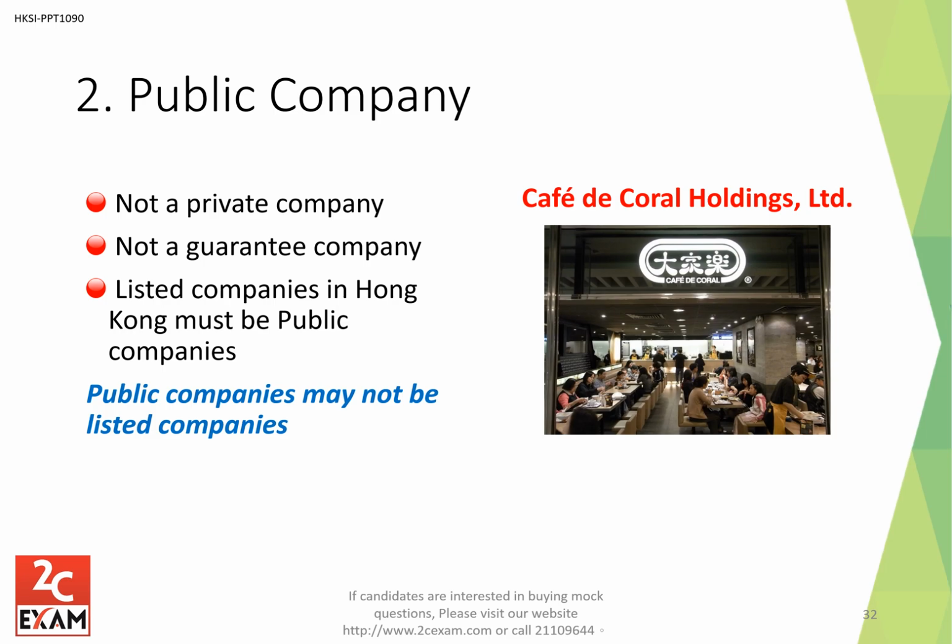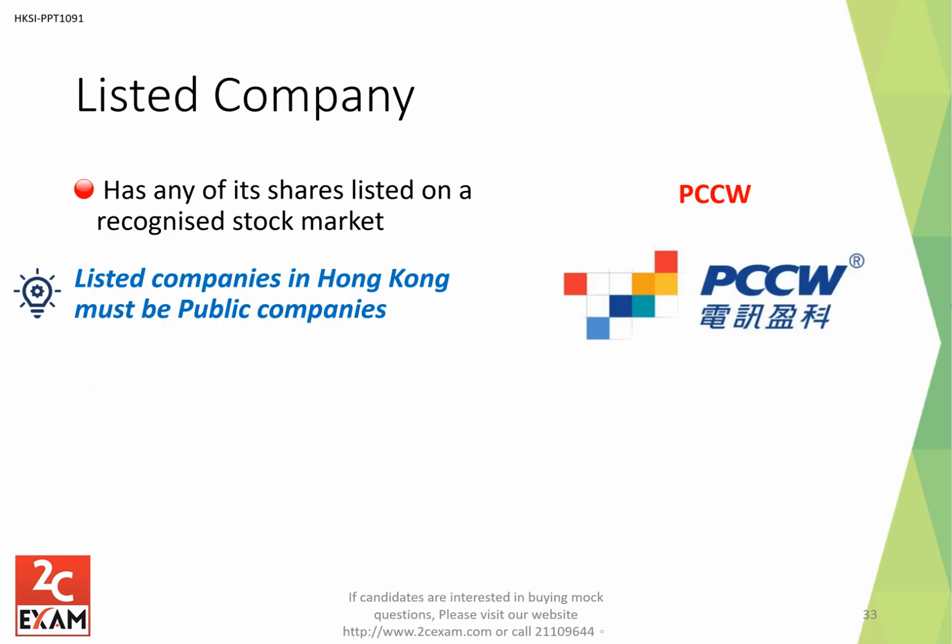No, a public company doesn't have to be listed. To sum up, a public company is not a private company or a guarantee company. All listed companies in Hong Kong are public companies, but not all public companies need to be listed. Do you have any examples? Café de Coral Holdings, Limited is a public company. When it comes to listed companies, what are they?